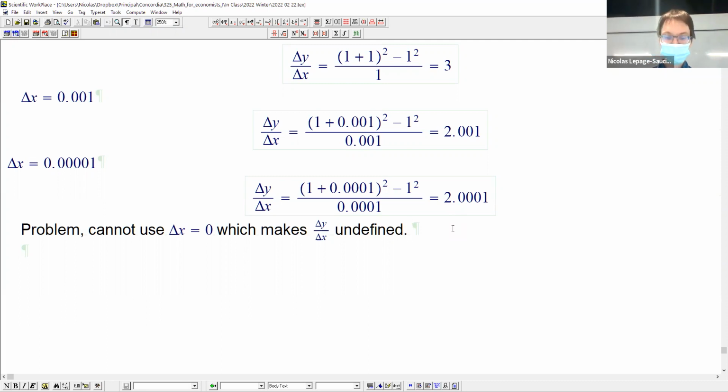So we need a change as small as possible, but not 0.